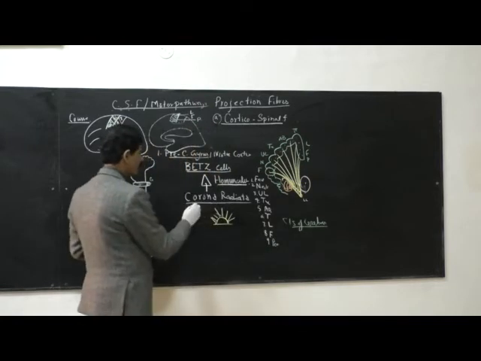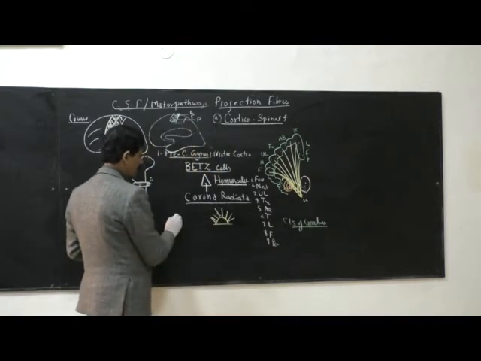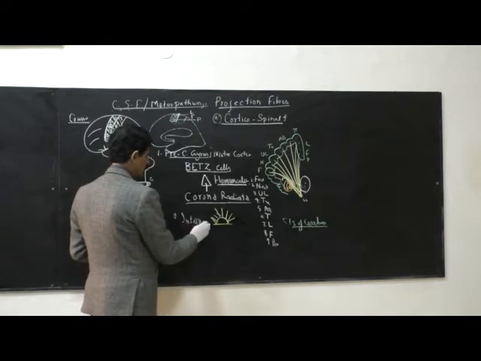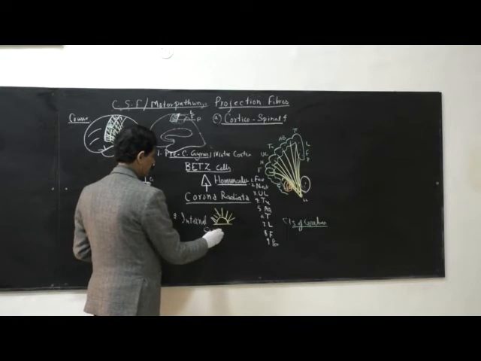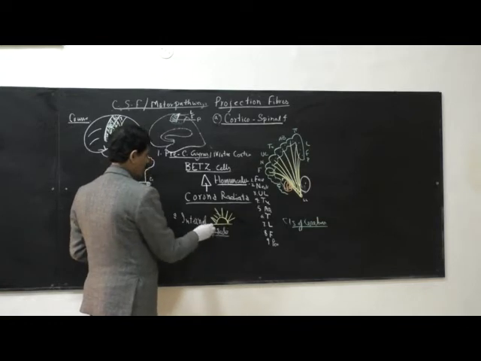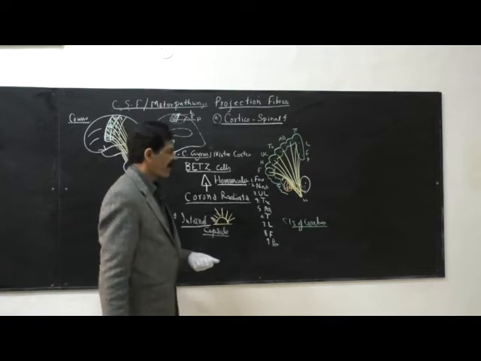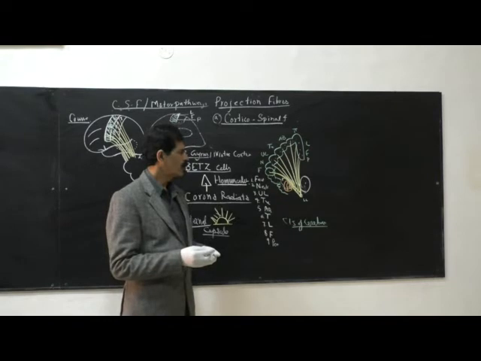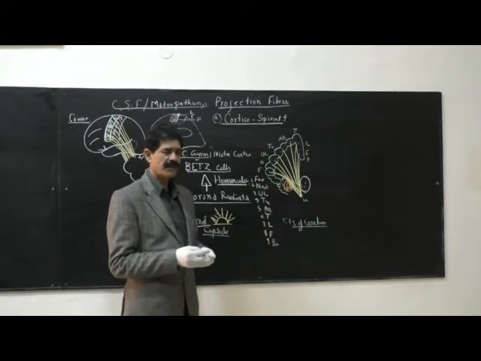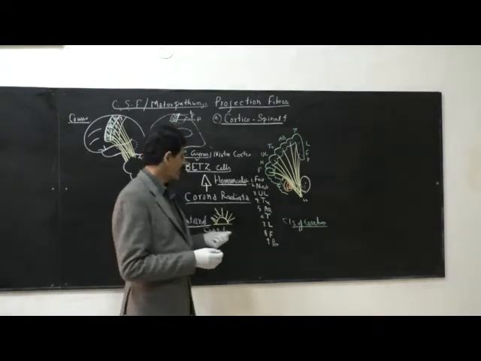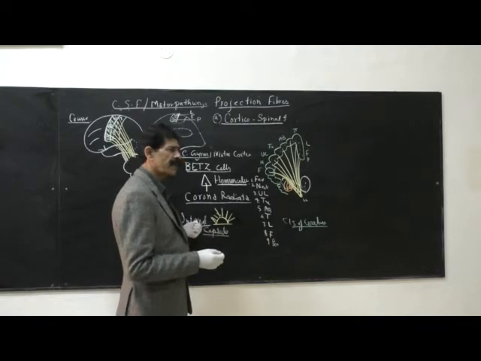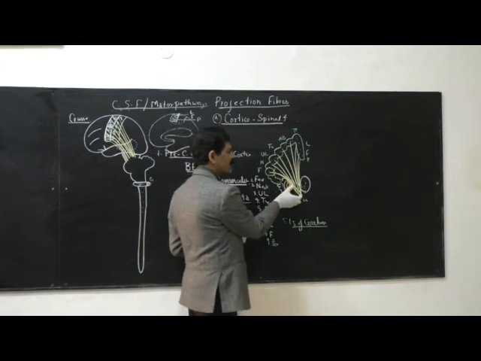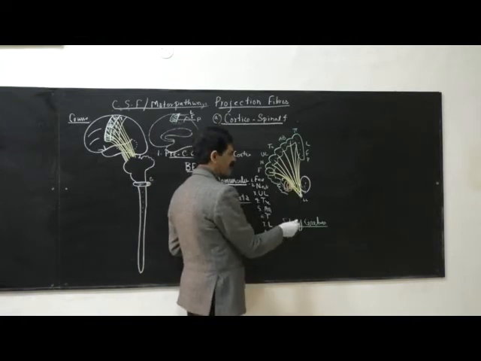From the corona radiata, now they are called internal capsule, because they lie in between the two masses of the grey matter. They lie deep inside the cerebrum, so they are called internal. And the word capsule means they are in a very small space. That's why their name is capsule.